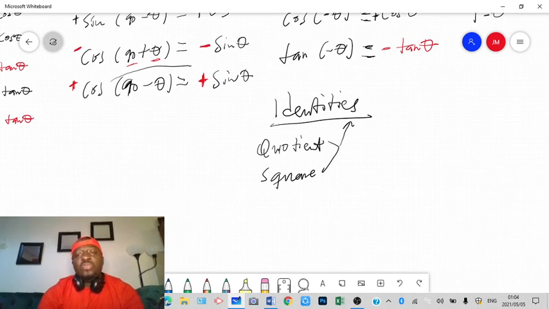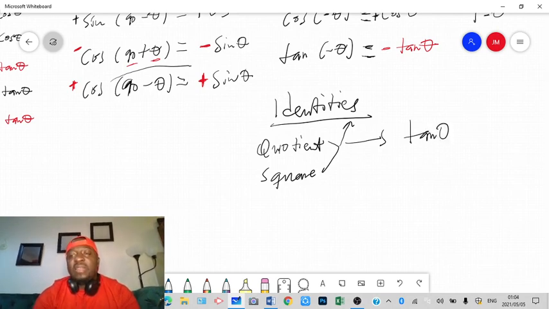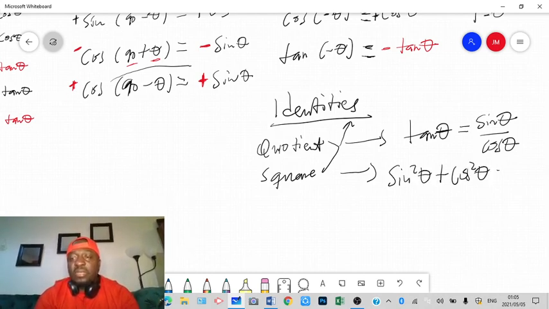These two are very important. With your quotient identity, it simply says tan of an angle is always equal to sine theta over cos theta. And with your square identity, it says sine square theta plus cos square theta is always equal to 1.